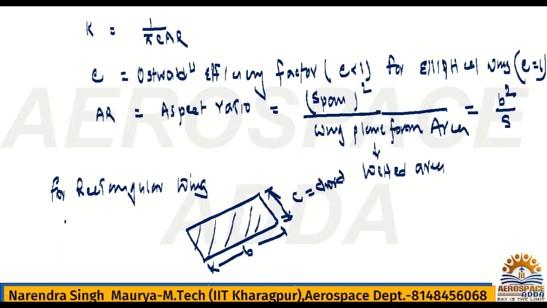Chord of the airfoil, you know that, right? So what is the planform area? It is B into C. So what will be the aspect ratio? For a rectangular wing, it is B square by S, which means B square divided by B into C, which means B by C.